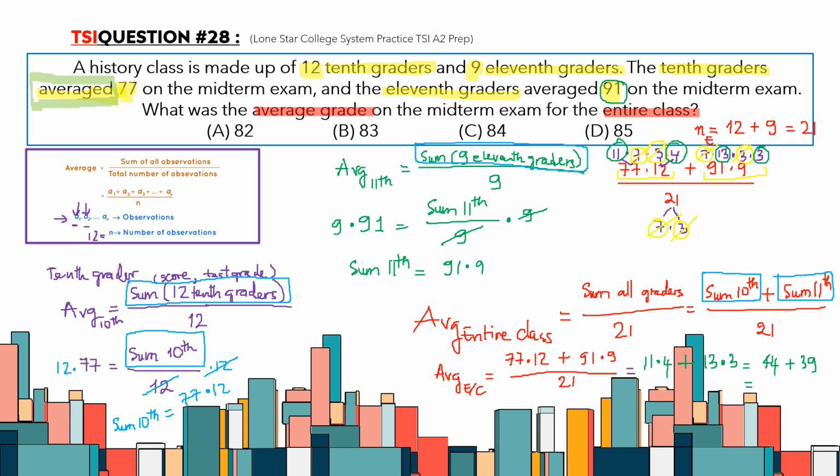Then 9 plus 4 is 13: write 3, remember 1. 4 plus 3, plus the 1 we remembered, is 8. So 83 will be the average of the entire class for the midterm exam. The correct answer is B.